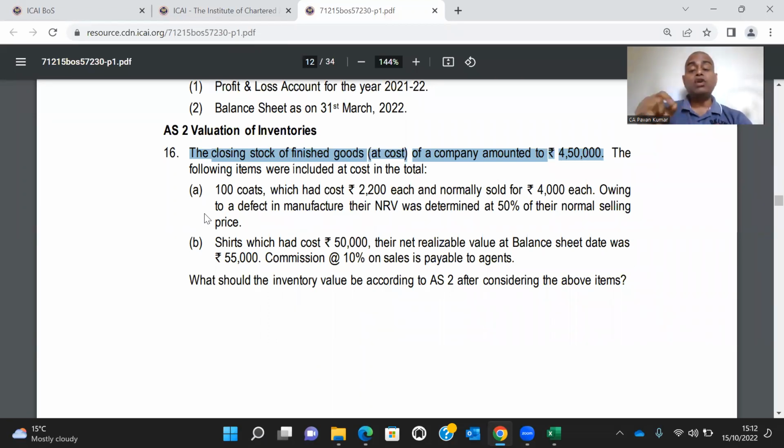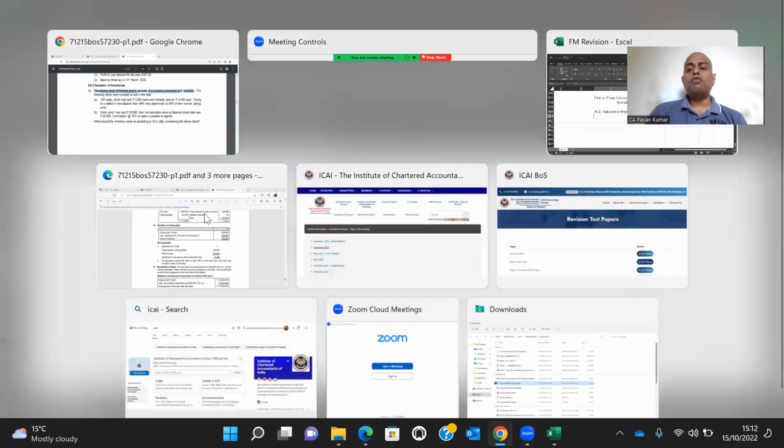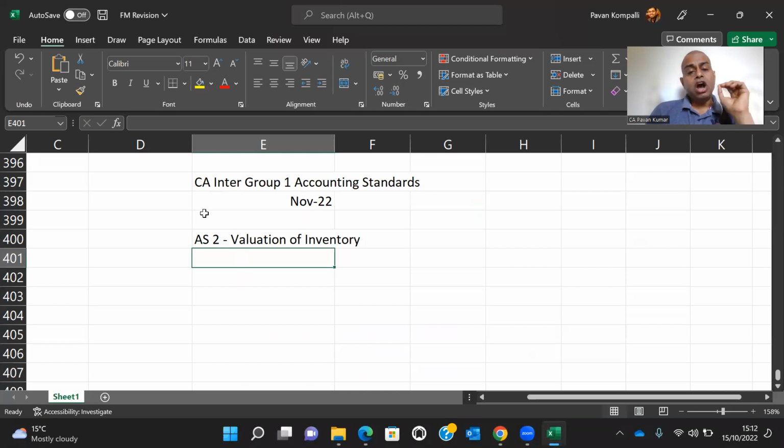Finished goods are to be valued at cost or NRV, whichever is lower or whichever is higher. You tell me. I read it when I was a student, but after that I forgot. Is it cost or NRV, whichever is lower? So what we do is we will also revise the concepts. It is not just that we are doing only questions.